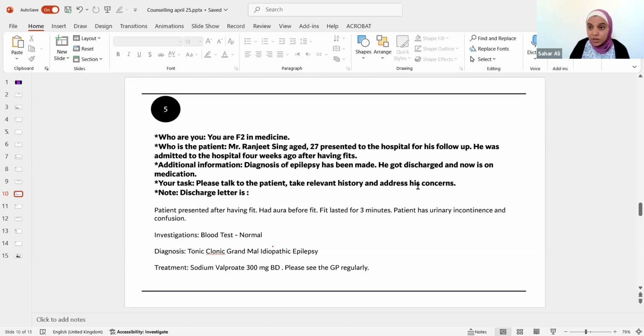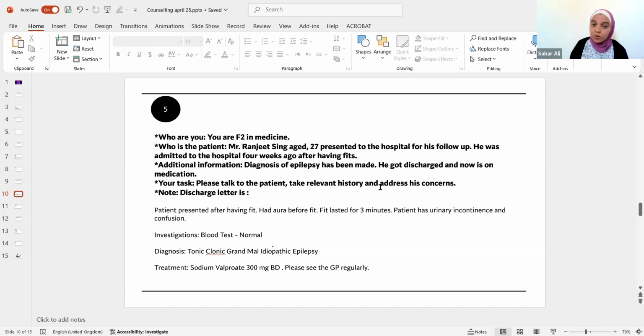He has some concerns. To be honest, in this particular case, I didn't raise any concern. But sometimes the patient tells you, doctor, I have a headache after taking sodium valproate. Then you tell him, all right, since when do you have these headaches? Do you have any blurry vision or anything affecting your vision at all? No. Did it start only after taking sodium valproate?